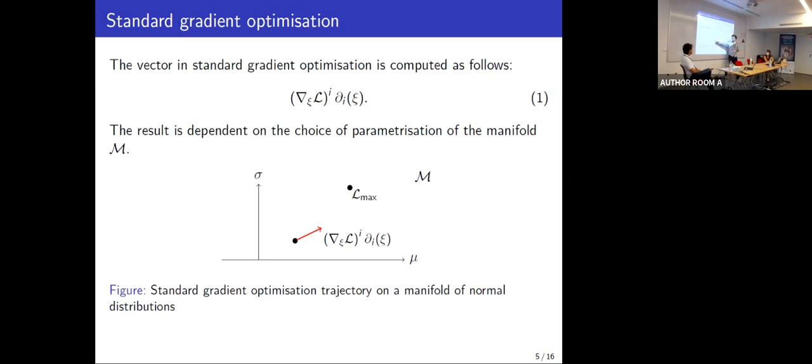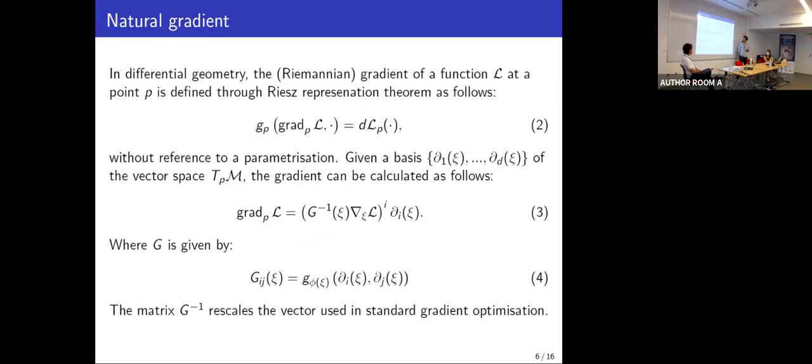At some point in the optimization process we're, for example, here, and we're trying to find the direction of steepest ascent. We calculate it by just calculating this. So that is hopefully all familiar to most.